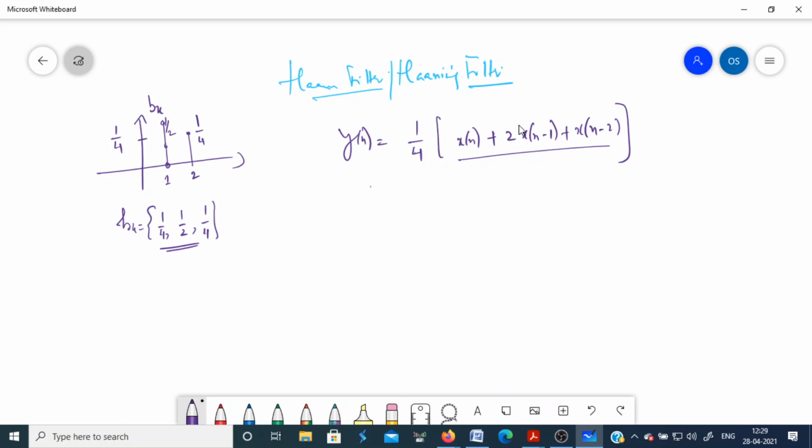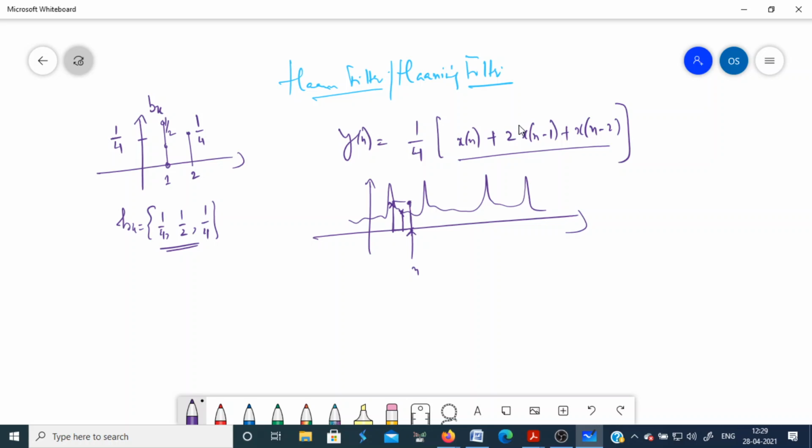When you apply this filter on any signal for averaging, at a particular time n, it will just see the previous 3 samples including that sample. So this sample, this sample and this sample are multiplied with 1 by 4, 1 by 2 and 1 by 4, and added together.